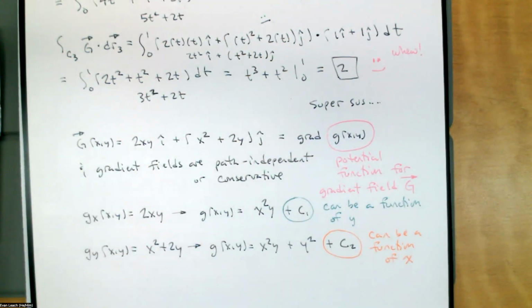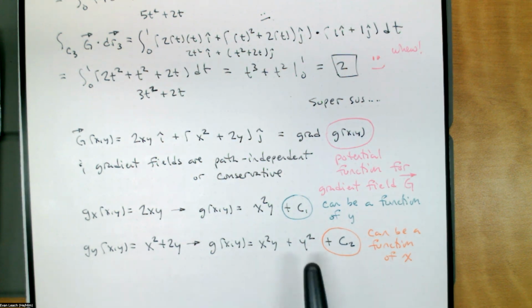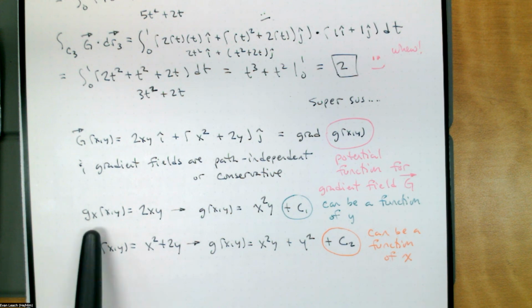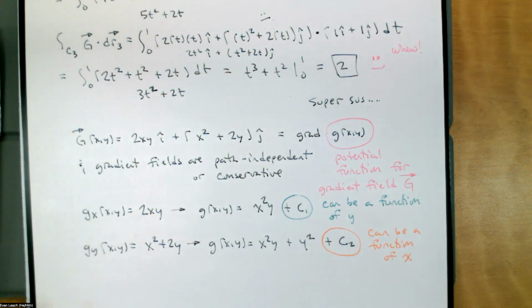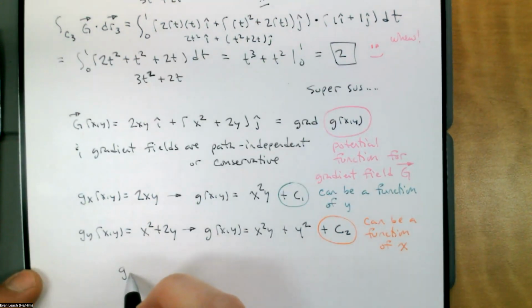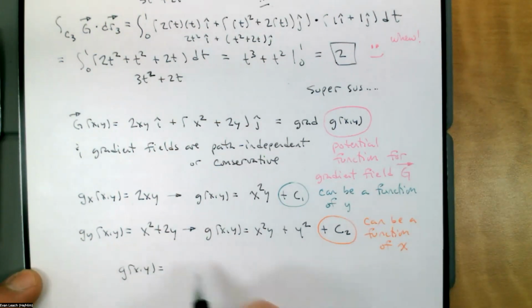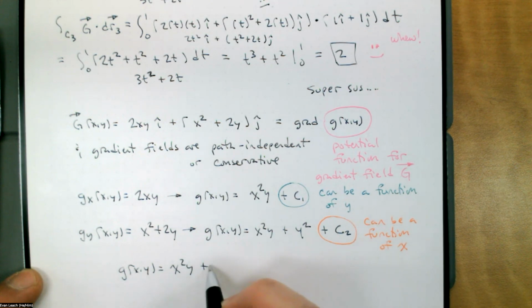So putting these two pieces of evidence together, we can see that the x squared y matches up. The y squared that we got from the y derivative of g must be the constant term that shows up in the x integration. So it looks like our g of xy, our potential function, should have the form x squared y plus y squared plus some constant.